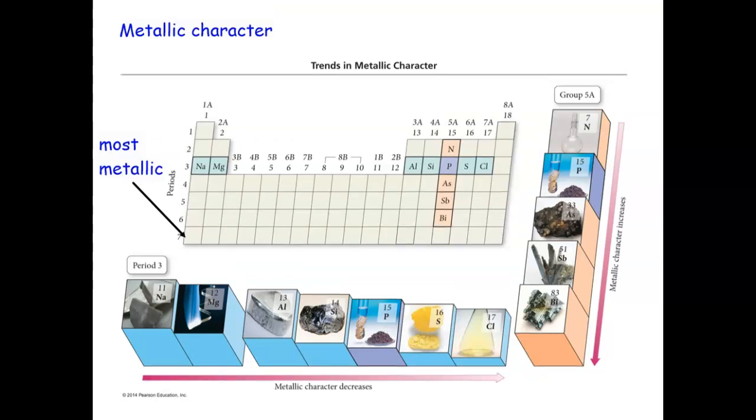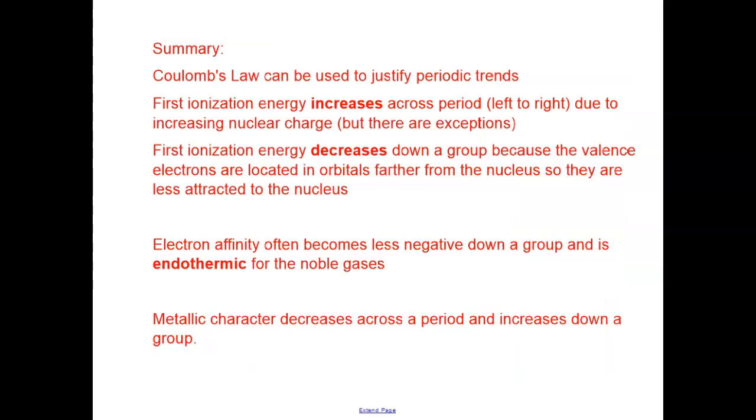So let's summarize what we've seen today. First of all, Coulomb's law can be used to justify periodic trends. The first ionization energy increases left to right across a period because of increasing nuclear charge, so increasing attractive force, but there are exceptions when we switch from s to p orbitals or we increase electron-electron repulsion by pairing electrons.